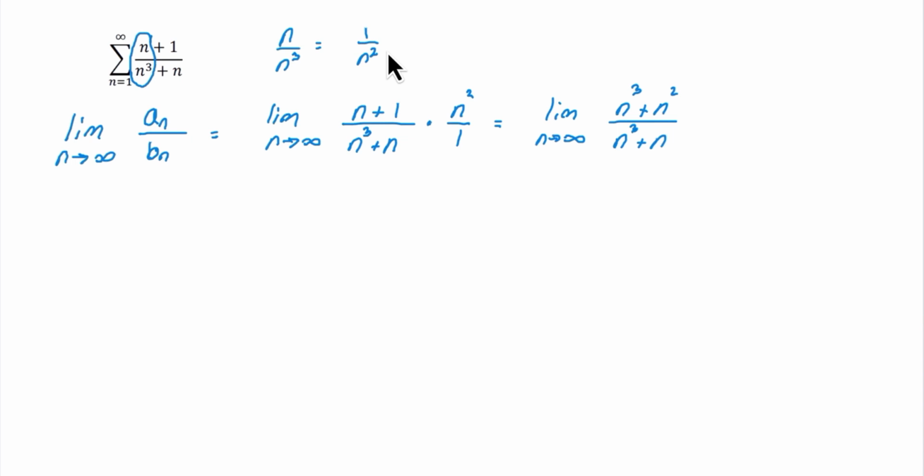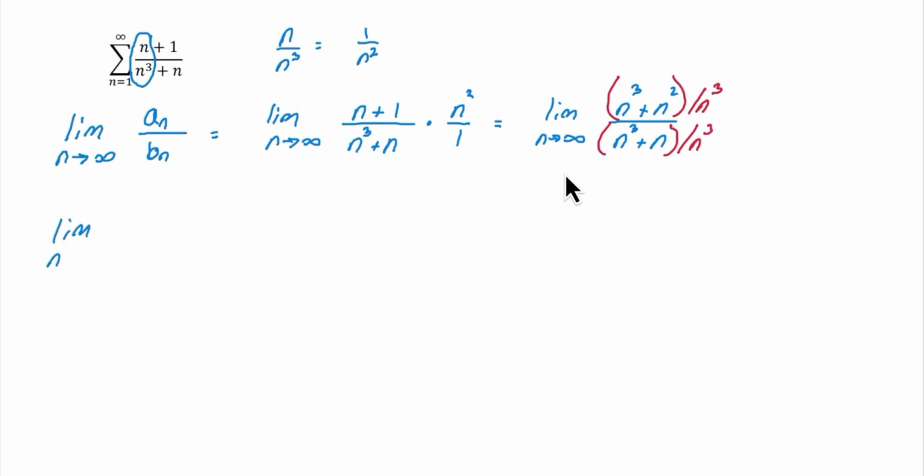With limits at infinity, we divide by the highest power of n that occurs in the denominator, in this case n cubed. So we'll divide the top by n cubed and the bottom by n cubed.